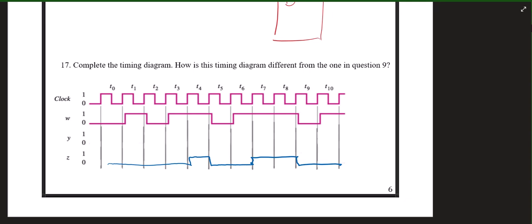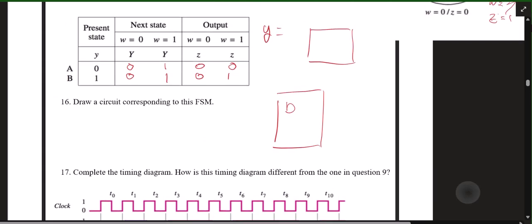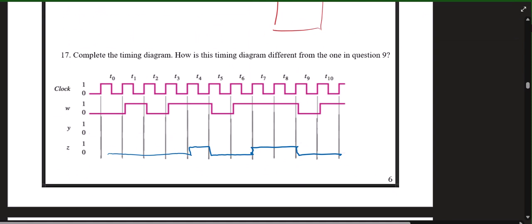Okay, now we said, I had it on a different page. What did we say Y was? Y was just W, right? Okay, now Y is going to be a clock cycle behind because it's coming out of a flip-flop.